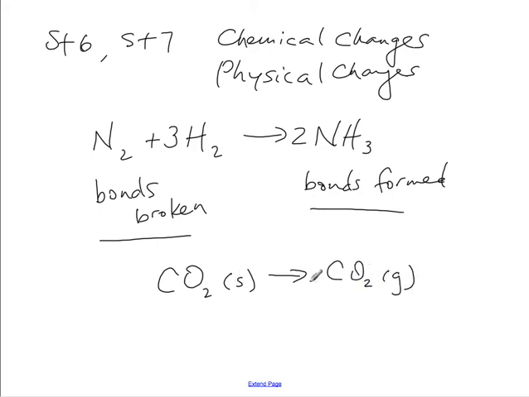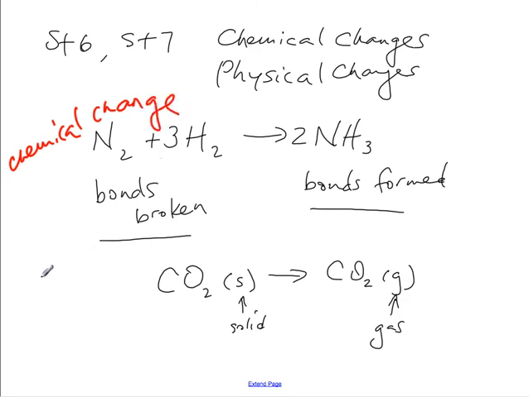But during the sublimation process, what's in parentheses, this means solid, and this means gas. So notice that carbon dioxide is still carbon dioxide, but just the state of matter is changing. So up here, let me change colors here, this is a chemical change, whereas this one here is a physical change.